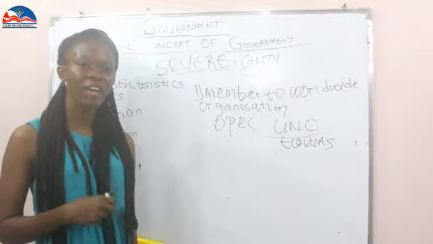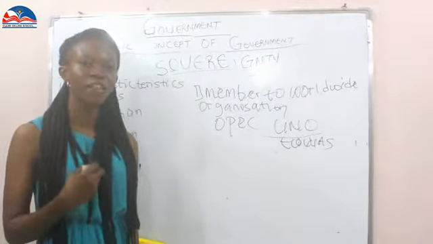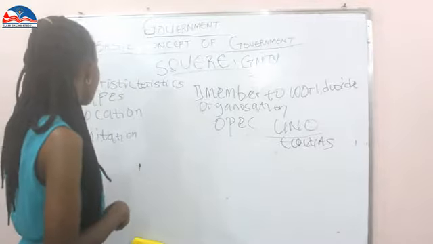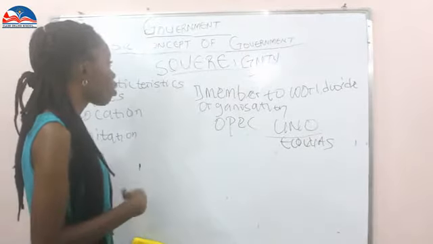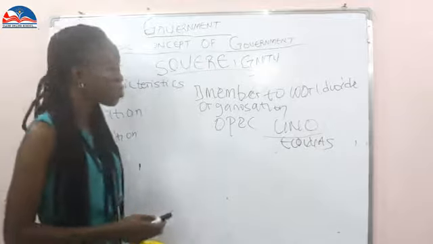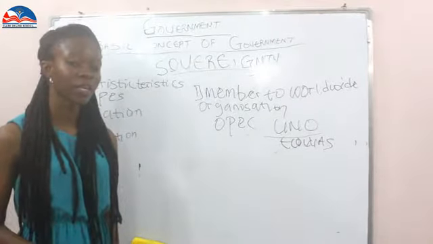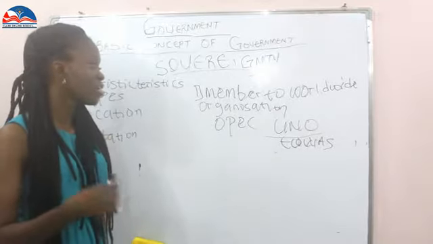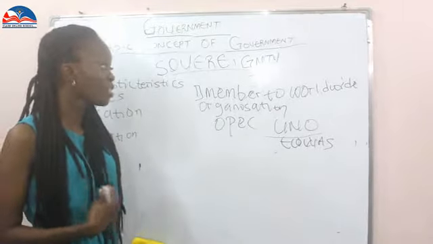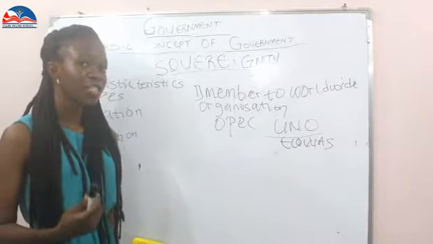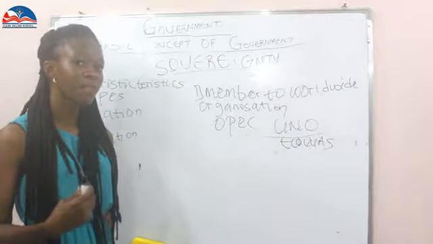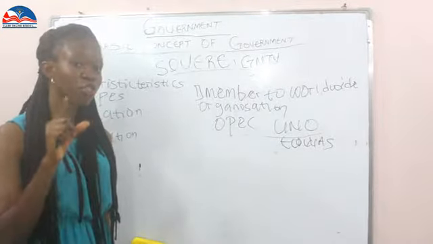So that's why we have external influence. Like I said earlier, when mentioning characteristics of sovereignty, I made mention of the external factor. That is to say that those external bodies have a say in it, and it also limits its ability to be called a sovereign state.